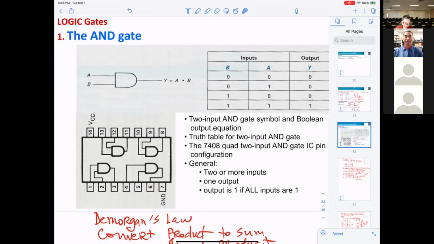Okay? And if you're looking inside the 7408, it has 1, 2, 3, 4 gates. Pin 1 and pin 2 are the inputs of the first gate, pin 3 is the output, and so on.